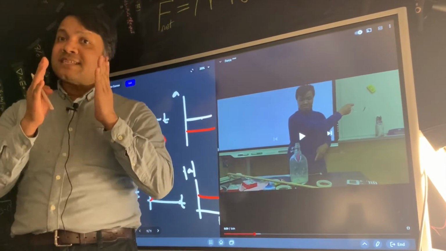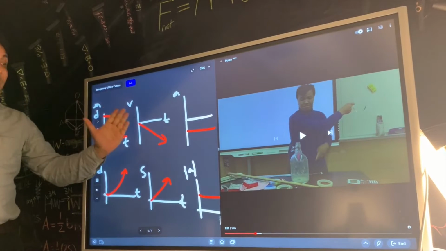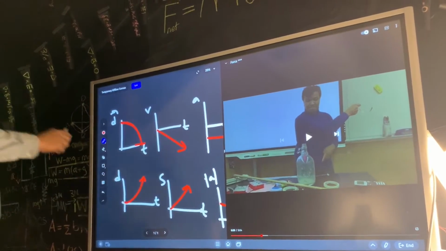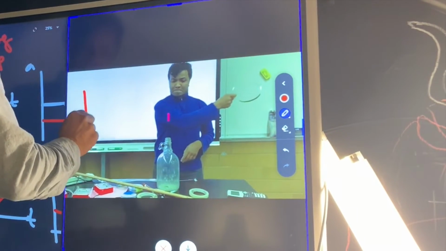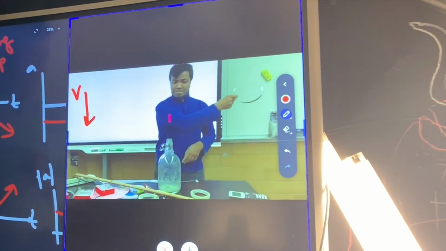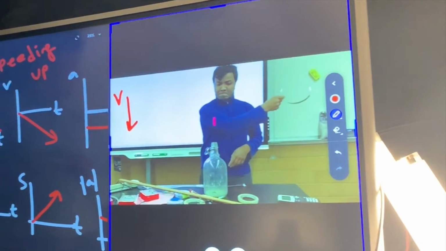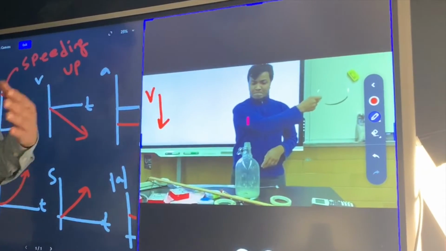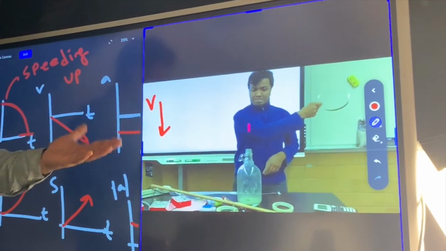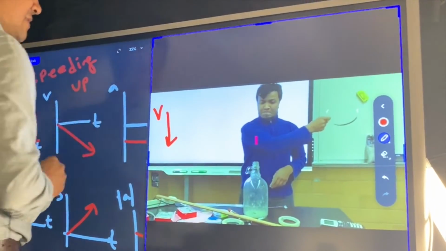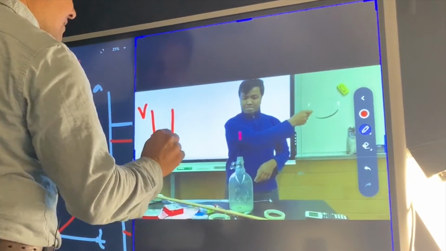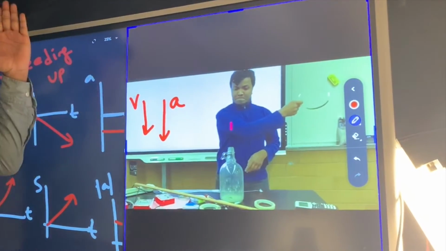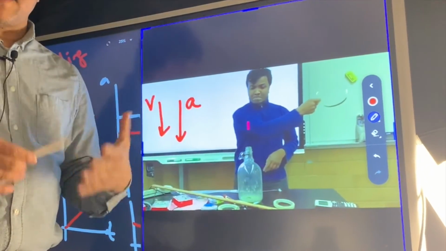Now we're going to try to understand why this is speeding up. As you see, this is speeding up. Why? It's because the velocity is in the downward direction. Well, that alone doesn't make it speed up. It's speeding up because the acceleration is still in the downward direction. When velocity and acceleration are in the same direction, the object is speeding up.